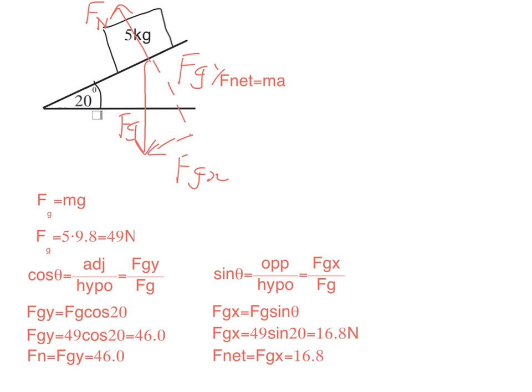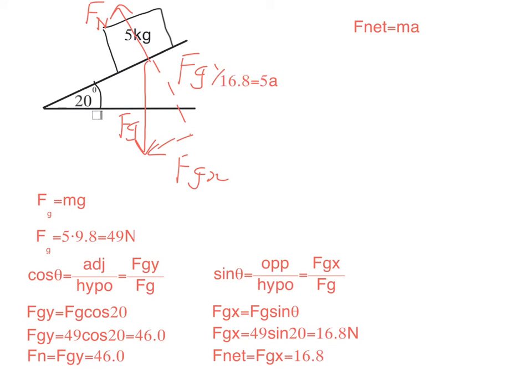F net equals ma, and in this case, this is going to equal our mass of 5, and I'm going to multiply that by 16.8, which is going to give us, oh, sorry, hold on, I did this wrong. F net equals ma. Yep, there we go. F net equals ma. I'm looking for acceleration, my mistake.